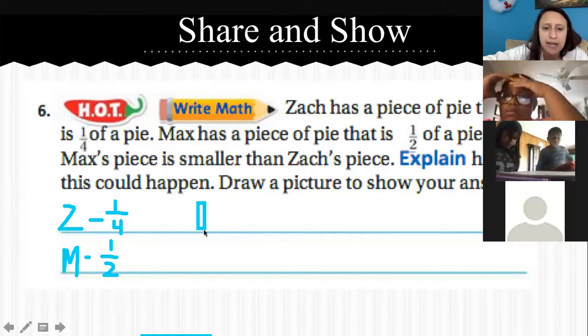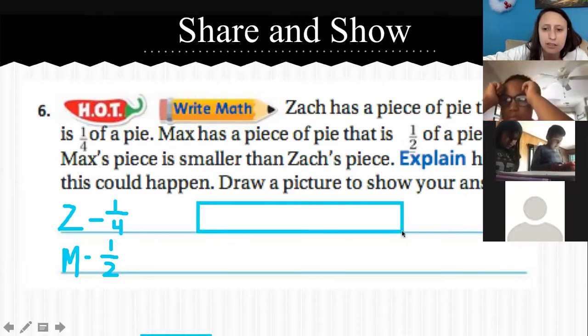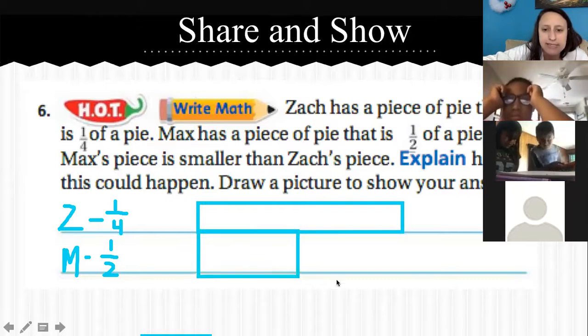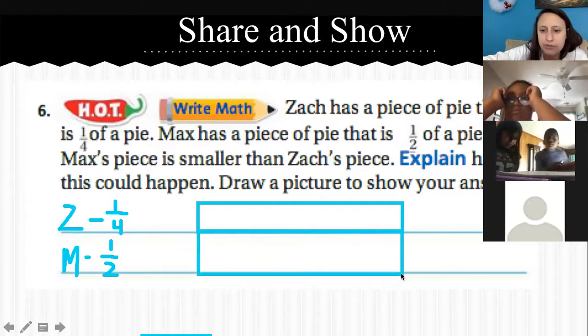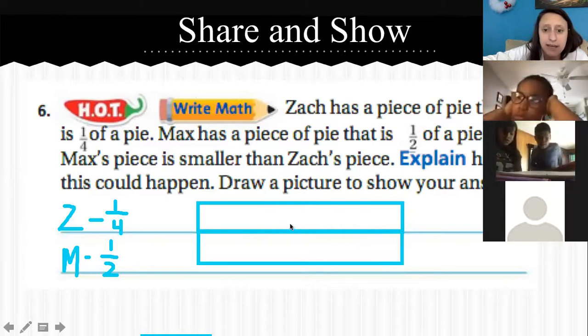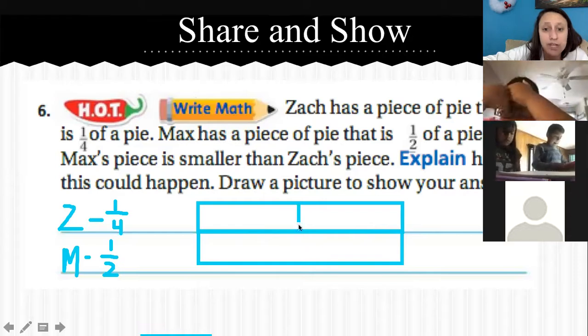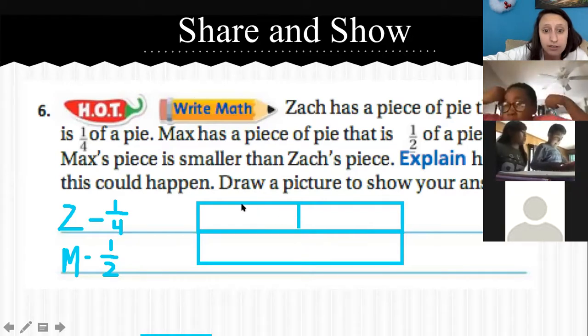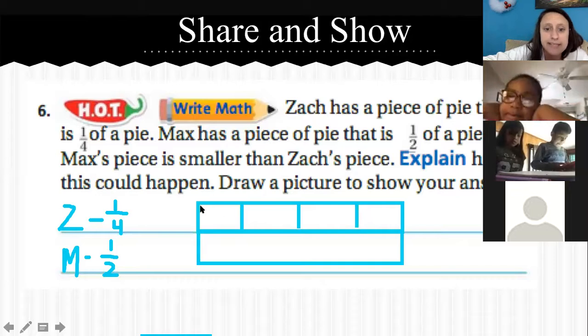So Zach's pie and Max's pie, I'm going to make them be the same size to start with. Zach's pie is in 4ths. Originally, his pie had 4 pieces, and this is what he got.